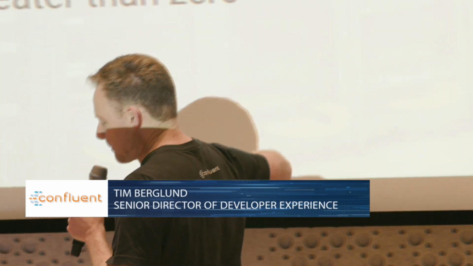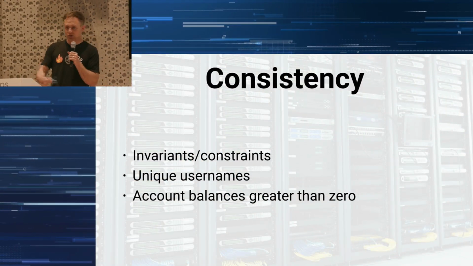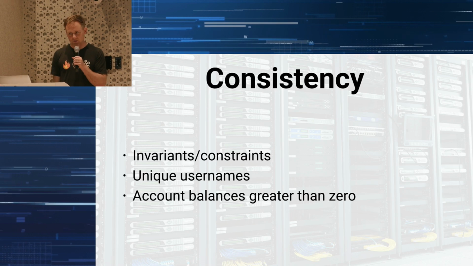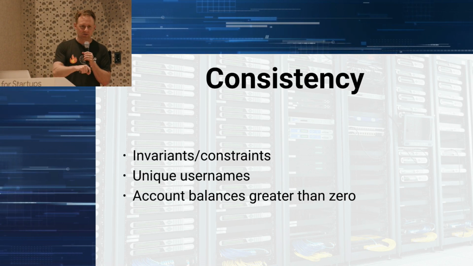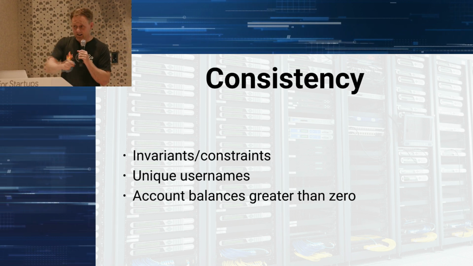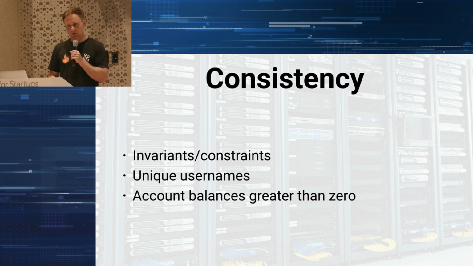And we'll say that minimally, that means that the application is going to enforce some invariants or some constraints on the data, like usernames will be unique, or account balances will be greater than 0, or something like that. When we change the database, it will remain in what we call a consistent state, and by consistent we mean that the invariants we have defined remain true.